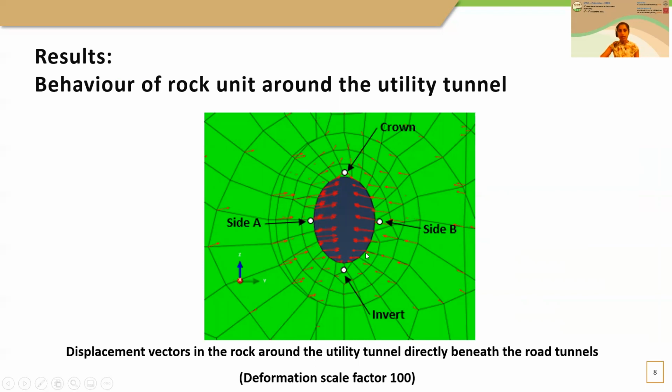As you can see, it pushes the tunnel face inside the excavation from the two sides. As a result, it pushes the crown and invert inwards, and the sides outwards, so that the tunnel ends up having an oval shape.